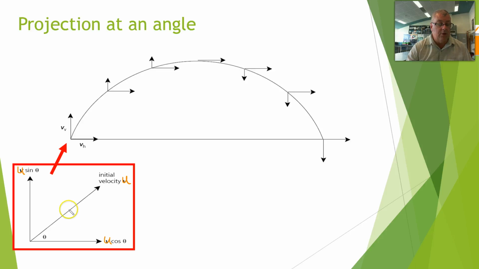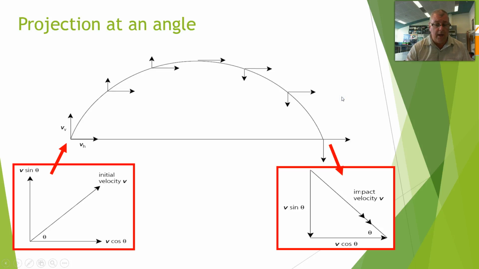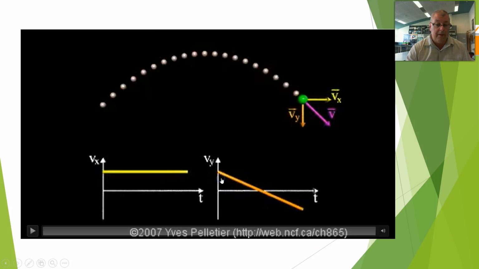The first thing you do in these sorts of questions is work out your initial horizontal and your initial vertical, and then you start using those. Try not to mix up your horizontal and your vertical parameters, which I know is sometimes hard, but if you're careful, you won't mix them up. And when you do your impact velocity, there you go. We've done that before. That's just recombining your vertical and your horizontal into a final velocity.